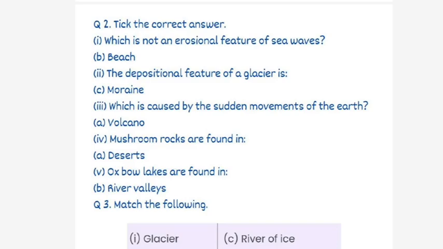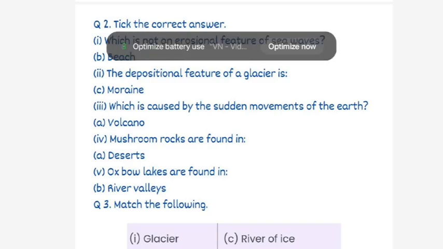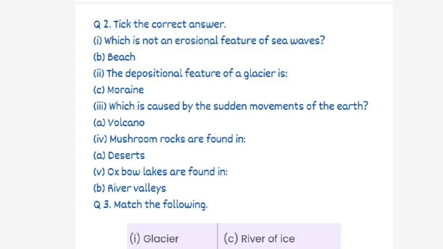Sub-question 5. Oxbow lakes are found in option B, river valleys.